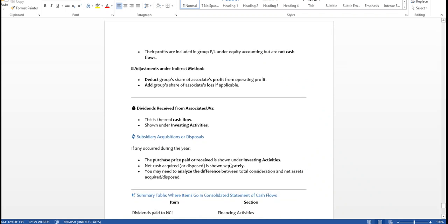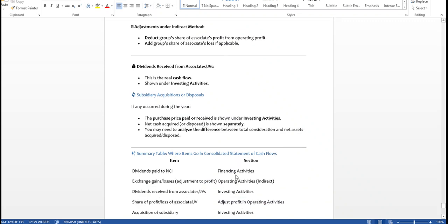Now, subsidiaries acquisition or disposal. The purchase price paid or received is an investing activity because cash was paid or received. Net cash acquired is shown separately, or net cash disposal. And you may need to analyze the difference between the total consideration and the net assets acquired.